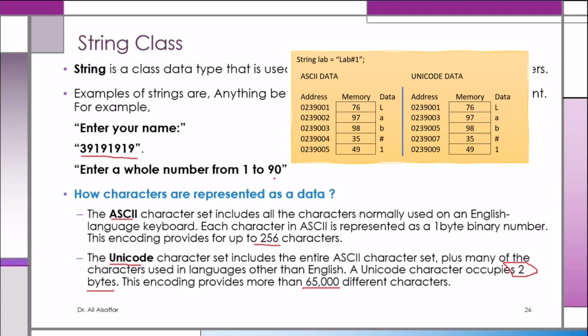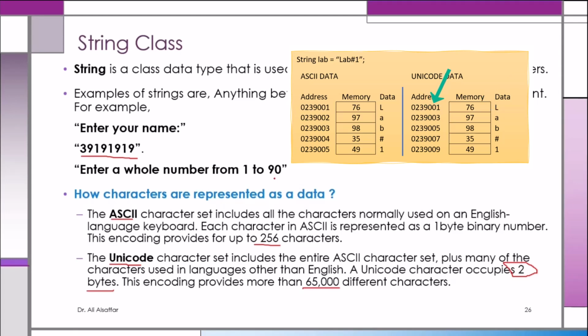However, if each character is represented by Unicode, which is the table on the right-hand side, see the addresses for each character. They are jumping by 2. The first letter, which is L, which has the same Unicode as the ASCII code, 76, is saved at address 0239001.